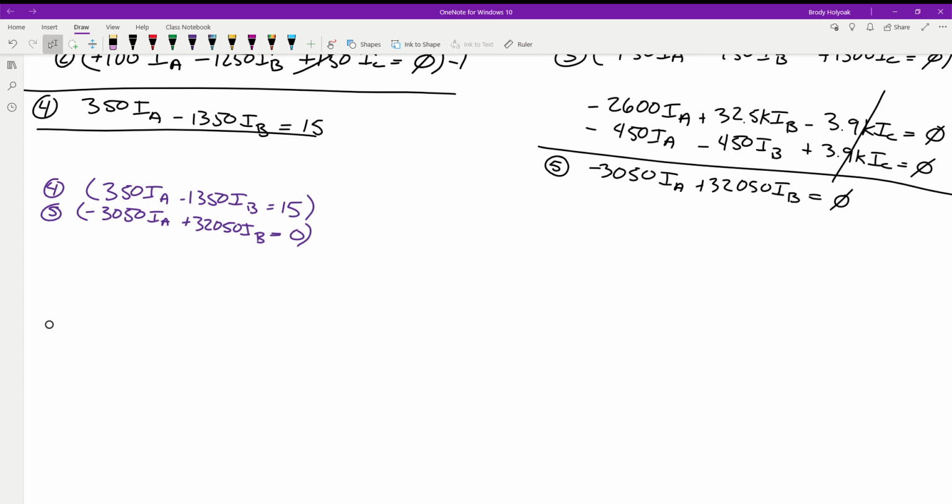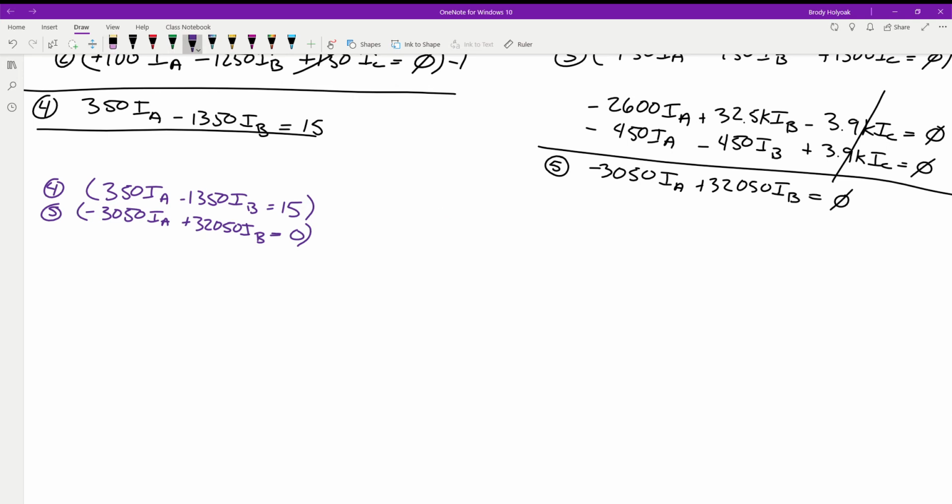Yeah, it will simplify down. It's just there's larger numbers to worry about. That's the common multiple?